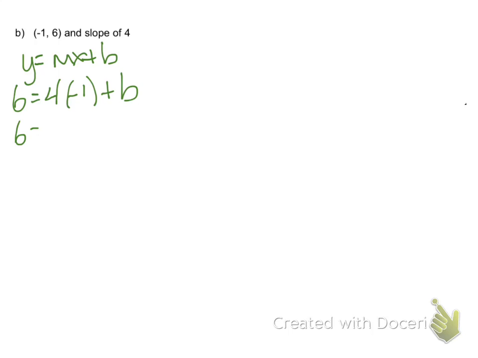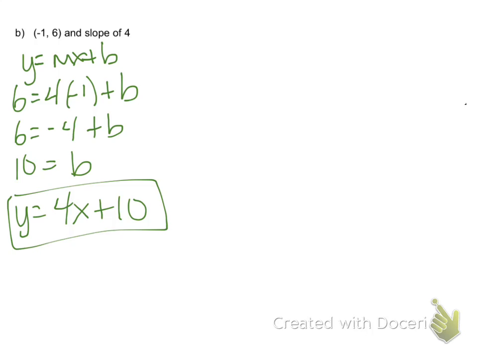Demonstrating both methods again. First I will use y equals mx plus b. So 6 equals, my m is 4, my x is -1, and I need to find b. If I solve this for b, I'll find that b equals 10. Then I write y equals m, which is 4, x plus b, which is 10.